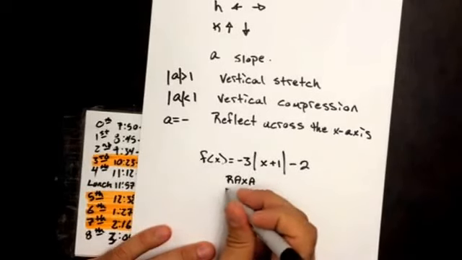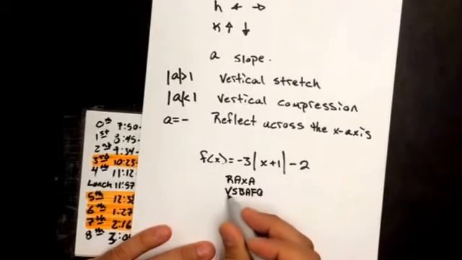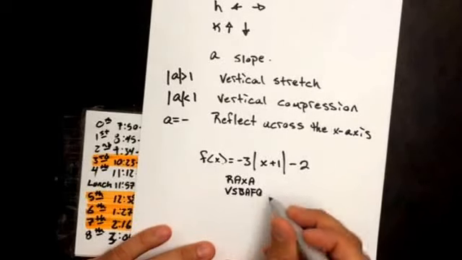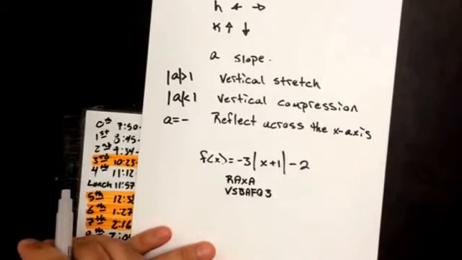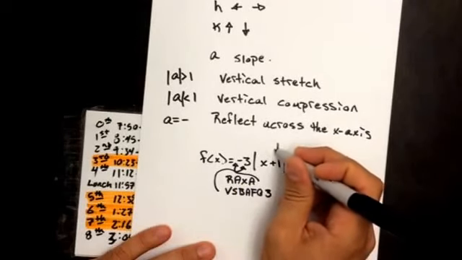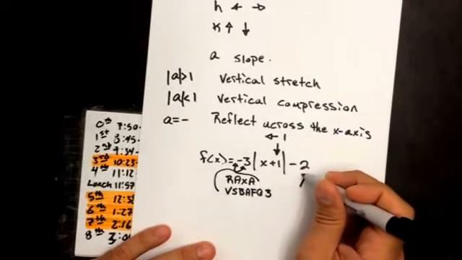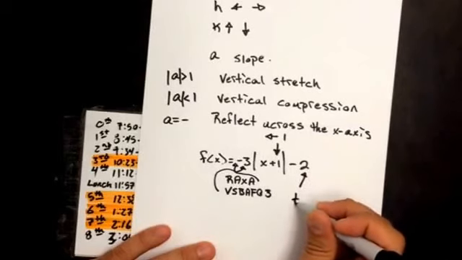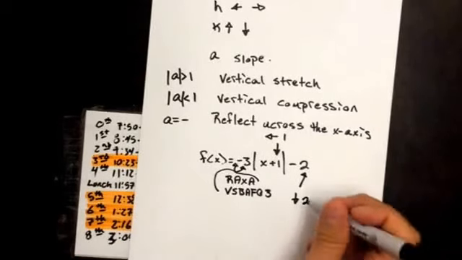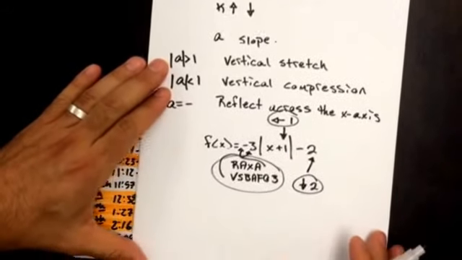The 3 is going to vertically stretch it by a factor of 3, which I'm going to write as VSBAFO, vertically stretched by a factor of 3. So that's this guy. This is going to move it to the left 1, and this is going to move it down 2. So that's our total change to the parent function. That's what we're looking at, okay?